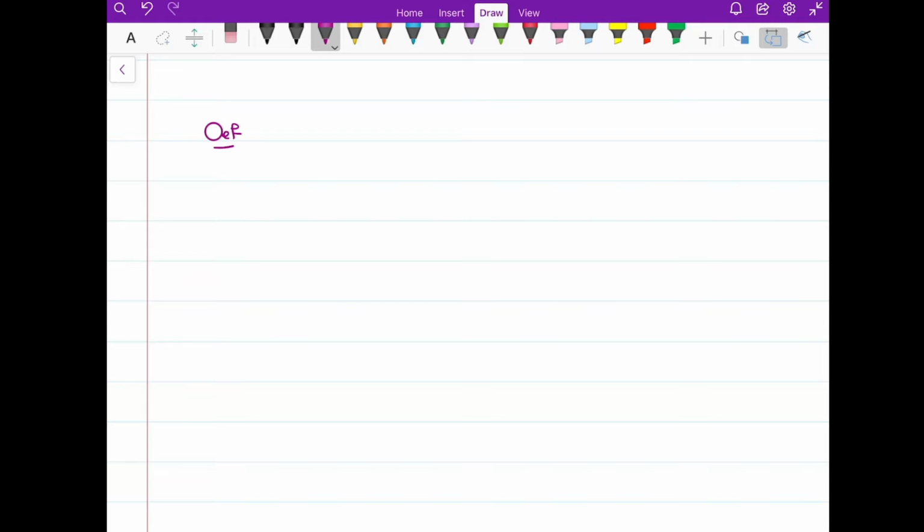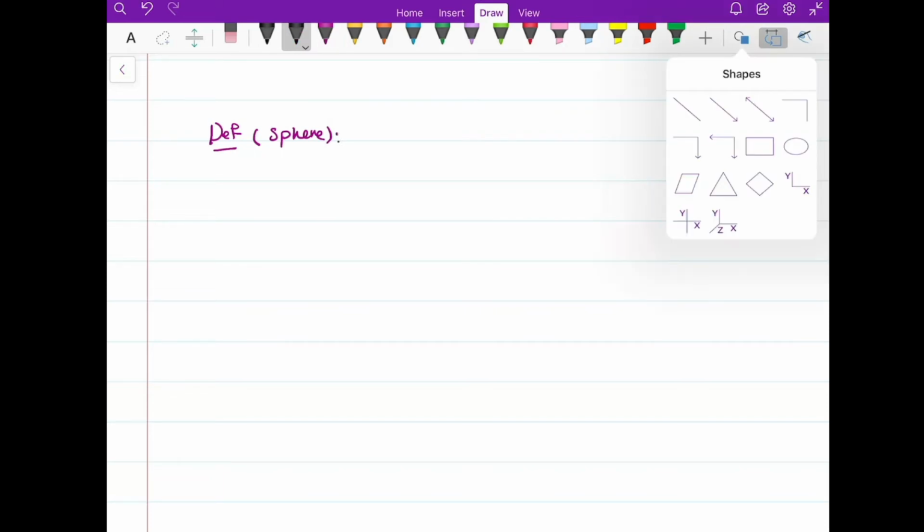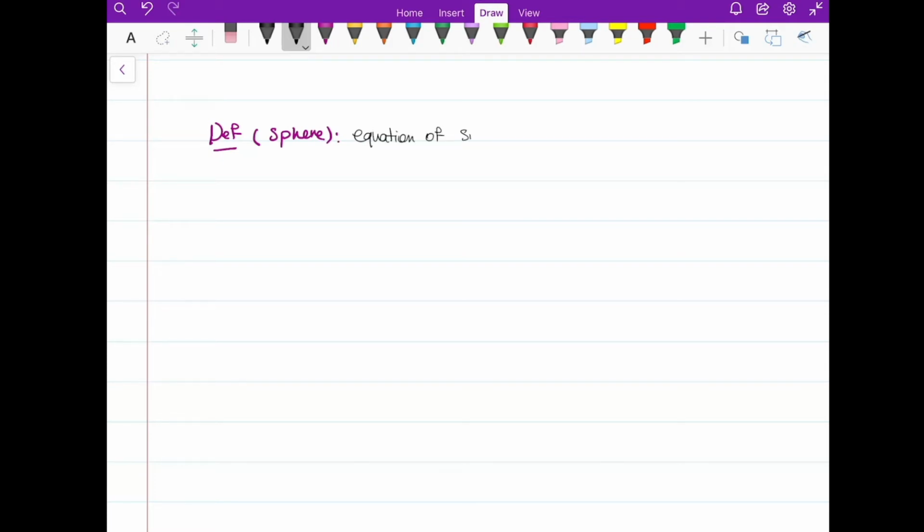So as a definition, the equation of a sphere with radius r at the center (a, b, c) is this: x minus a squared plus y minus b squared plus z minus c squared equals r squared.